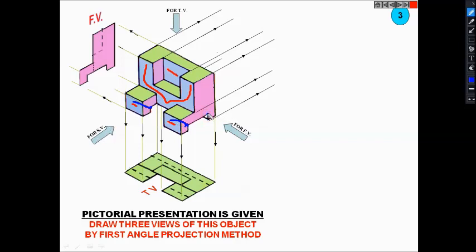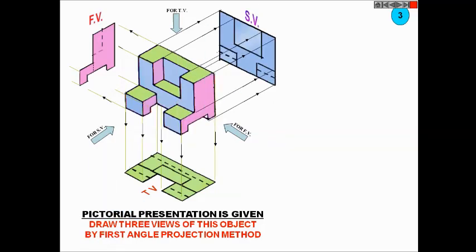Similarly, there is an edge which passes through this point also, a complete edge. So this edge is also not visible to the observer. These edges need to be drawn in the side view by using hidden lines. So let's see the side view.